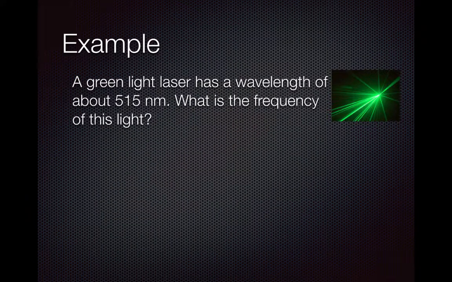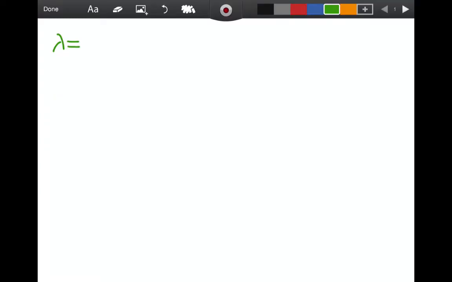Let's take a look at an example here. So we have a green light laser that has a wavelength of about 515 nanometers. And we want to know, what is the frequency of this light? Let's go ahead and work that one out. For our green laser, lambda is 515 nanometers.